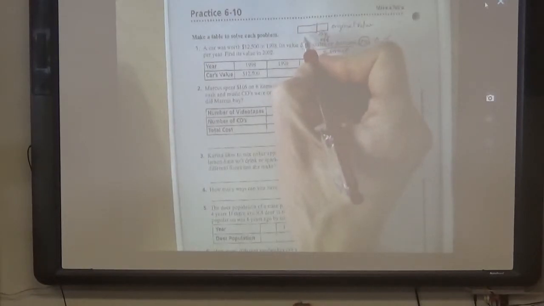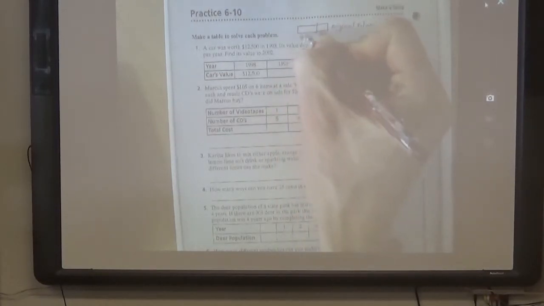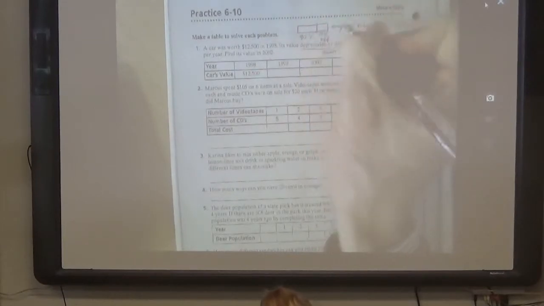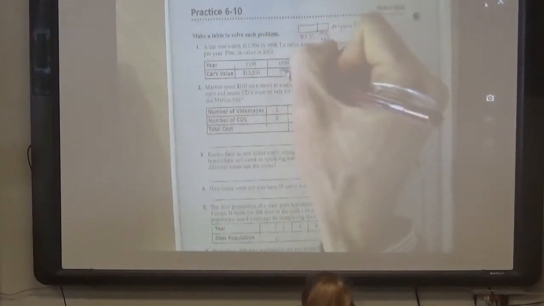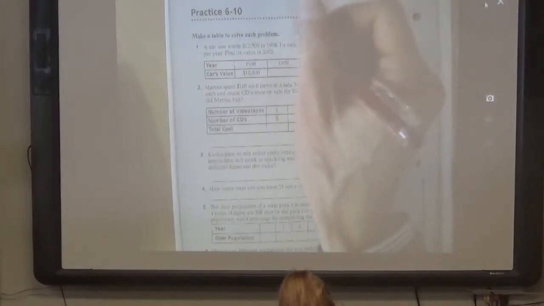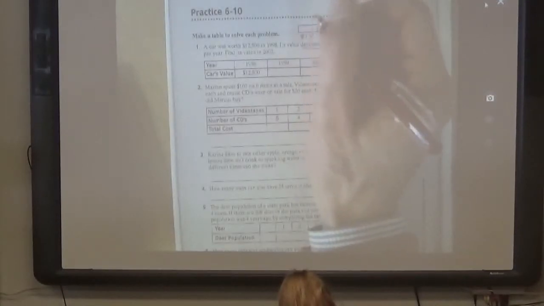What would the remaining percent be, if it's 15% off? That'd be 85%. Yeah, 85% left. So each year, if we just find 85% of the previous value, then you'll find the answer. So each year it's just worth 85% of what it was worth last year.